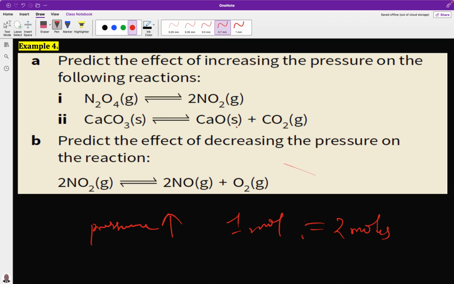Pressure has nothing to do with solids. So calcium carbonate and calcium oxide are of no use. Increasing the pressure will only favor the production of more carbon dioxide.